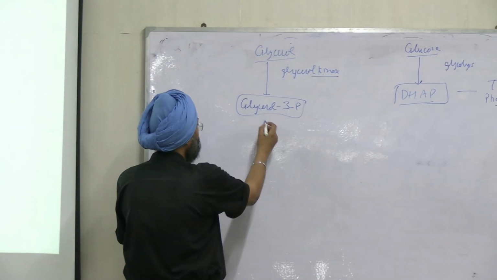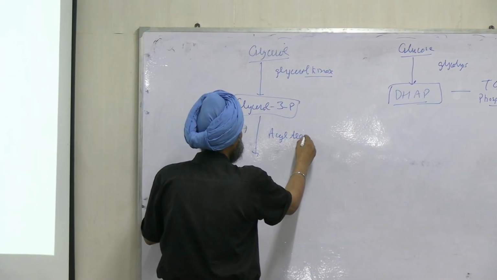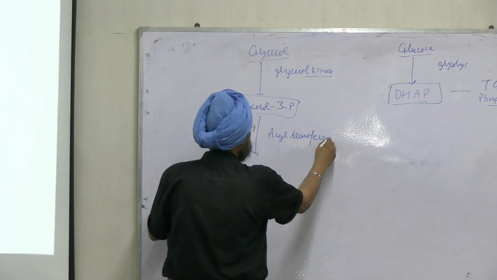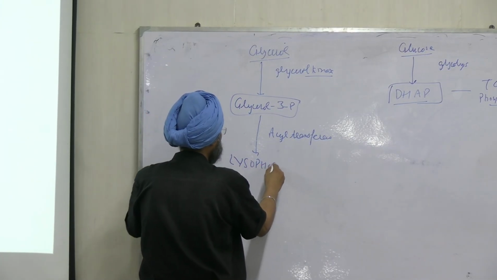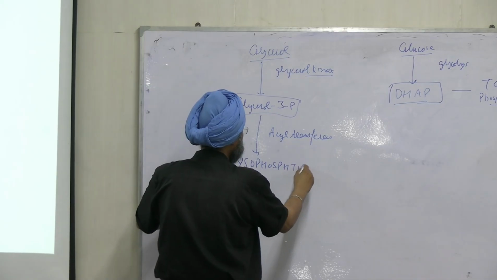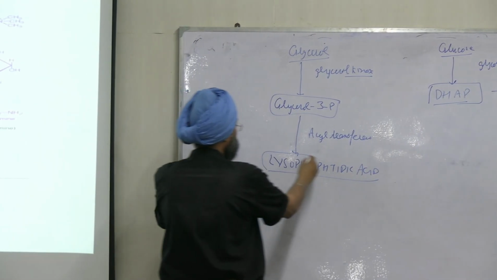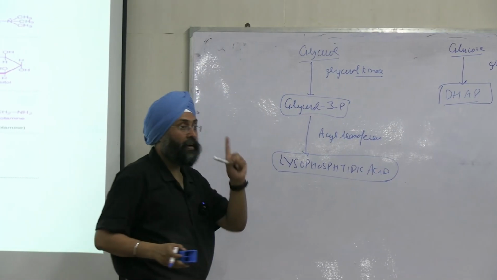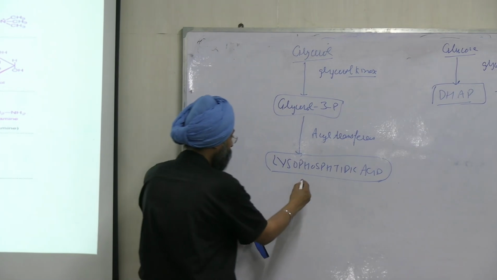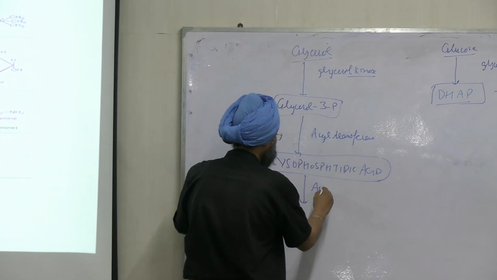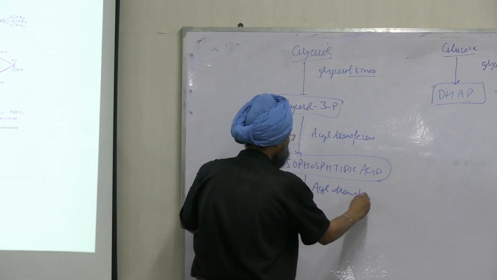Then we add acyl transferase. It gets converted into lysophosphatidic acid, right? We have added one acyl group. And then another acyl group is added by acyl transferase. What will it become?